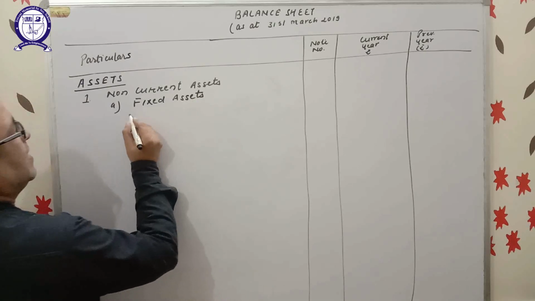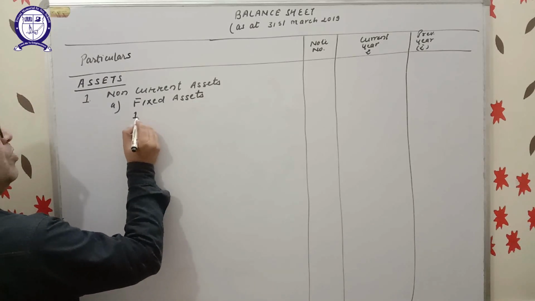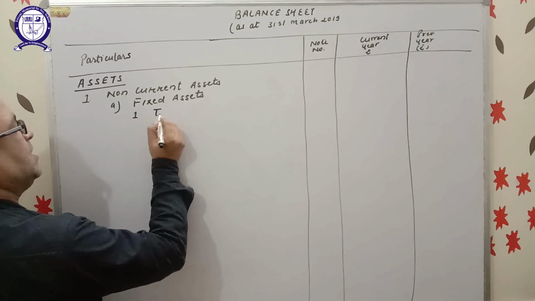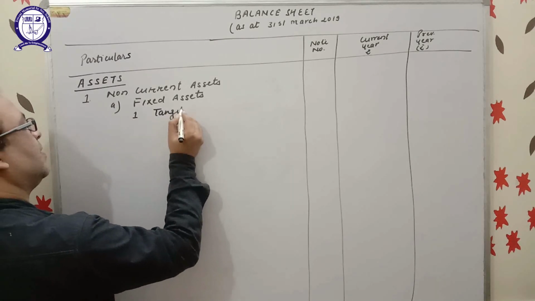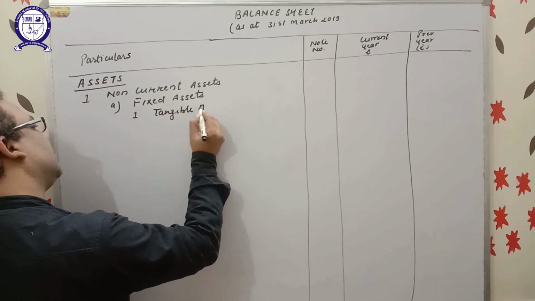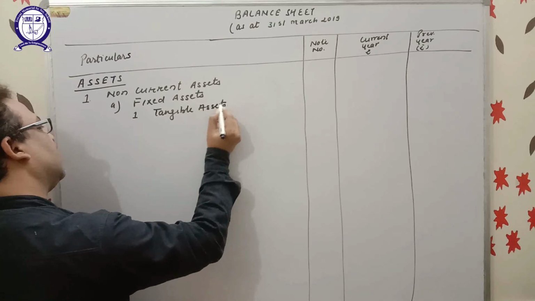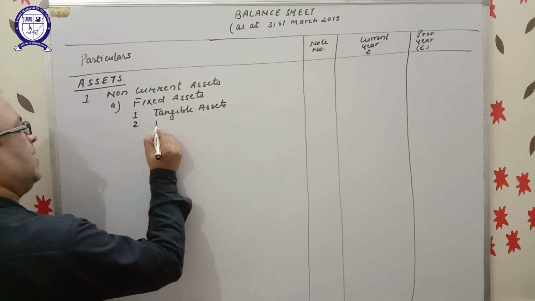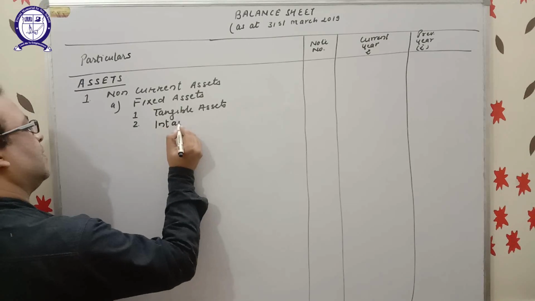Further, fixed assets will be classified into 2 parts: tangible assets and intangible assets.